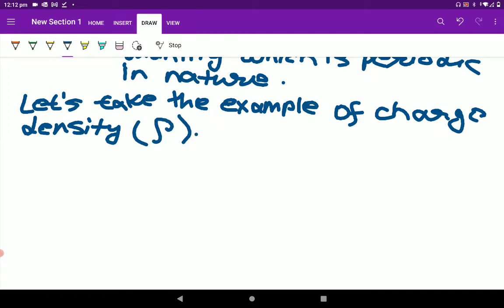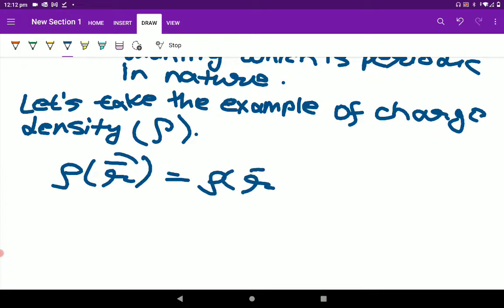When you translate the charge density by one of the Bravais lattice vectors, which is also valid for a complex crystal with a basis, the charge density is unchanged. So this shows translation symmetry, because this relation is valid in case of translation symmetry.